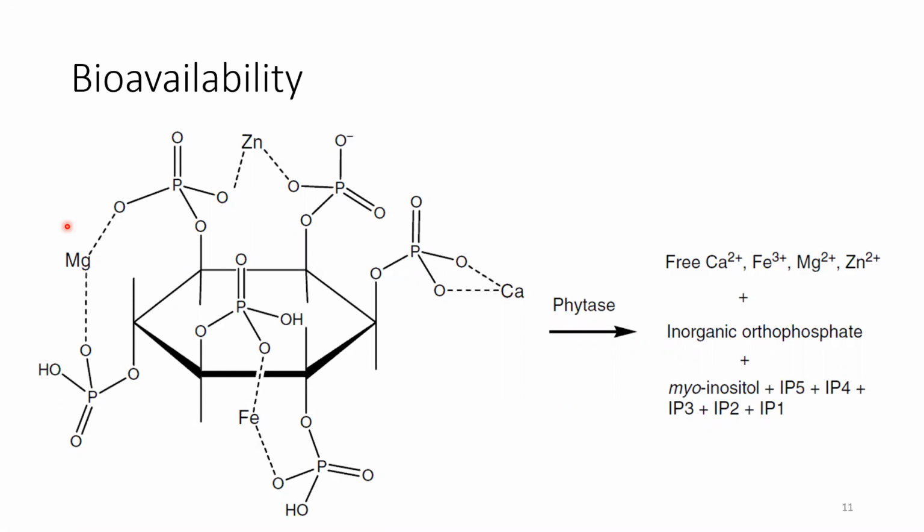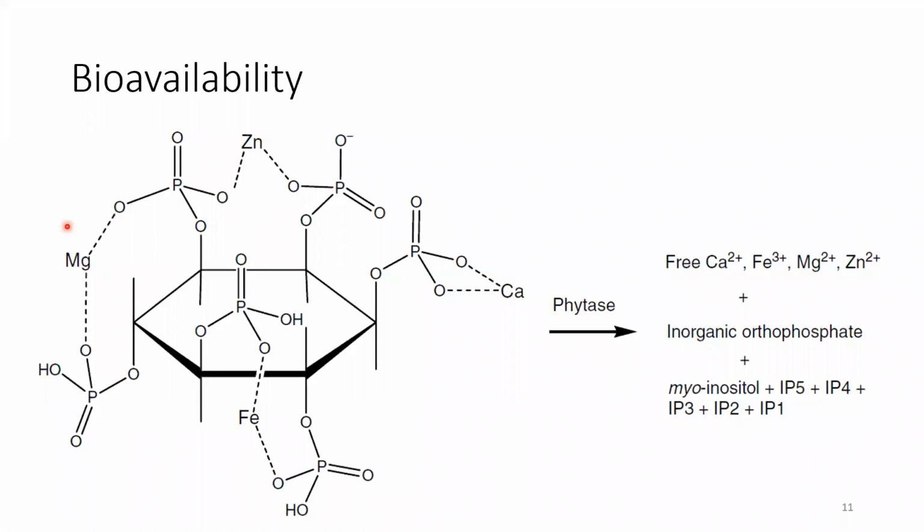So for instance, if our procedure involves making bread, so we're going to make whole grain bread, and in making bread, we have to let it rise for a long time. Those conditions are really good for enzymes to become active because now there's a lot of water around and it's going to be warm, not too warm, but warm for these enzymes to work really well.